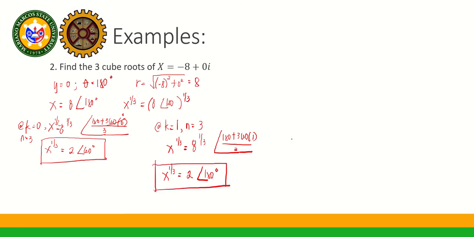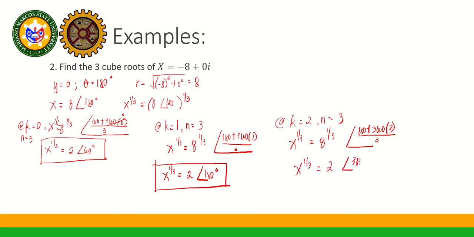And for the third root, we have k is equal to 2 and n equal to 3. So our x raised to 1/3 is equal to 8 raised to 1/3 angle 180 plus 360 times 2 all over 3. So our third root will be equal to 2 angle 300 degrees. So these are the three cube roots of example number 2.